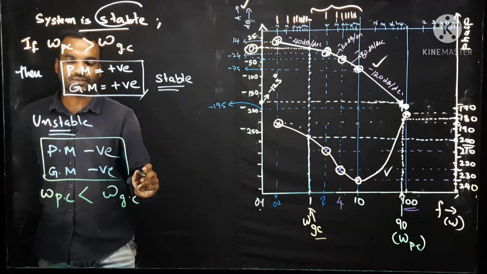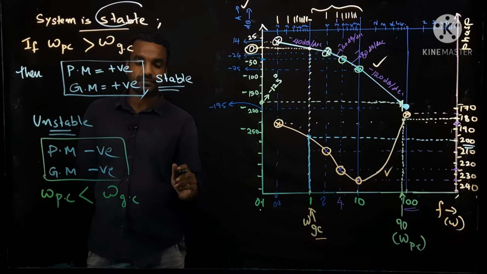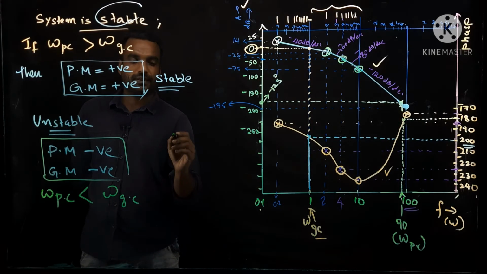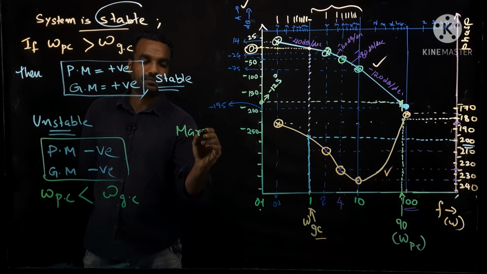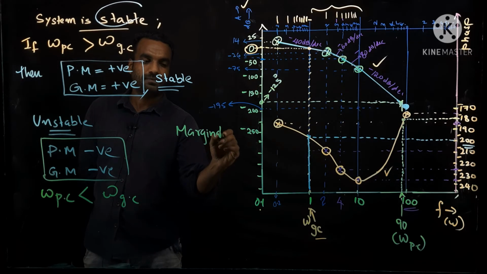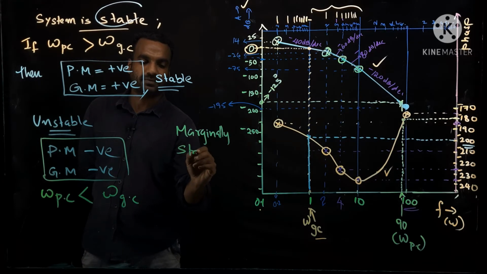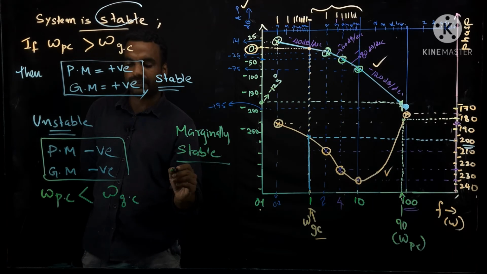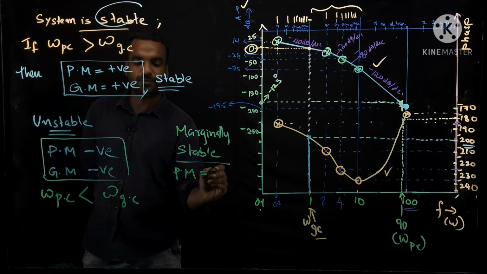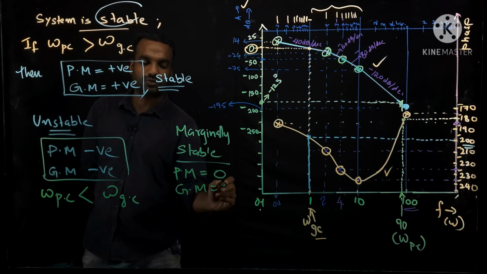This is the condition for instability. Then the third condition is marginal stability. In marginal stability, phase margin is neither positive nor negative, that is 0, and gain margin is also 0.